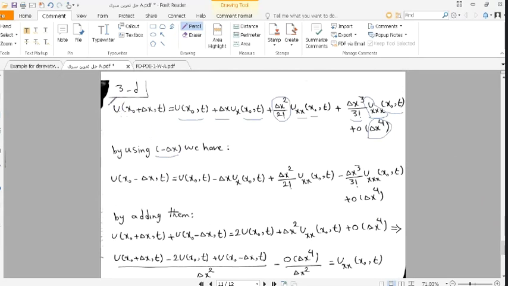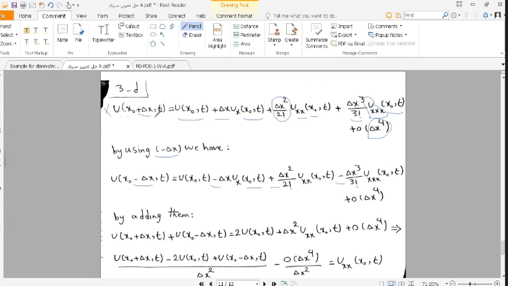In the first expression we use delta x, and this time we use minus delta x, and we have u at x0 minus delta x and t equal to u at x0 and t, this time minus delta x u_x at x0 and t, plus delta x squared over 2 factorial u_xx at x0 and t, minus delta x cubed over 3 factorial u_xxx at x0 and t, plus O of delta x to the power 4.